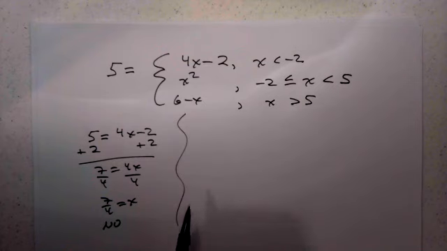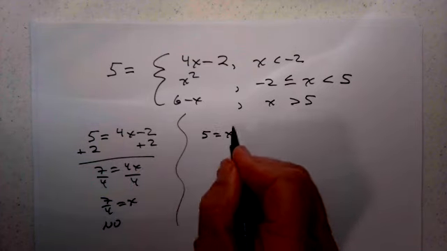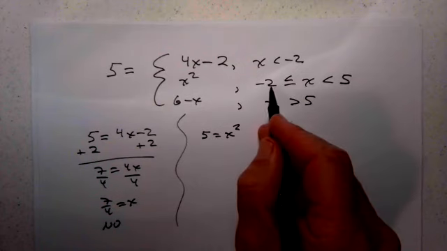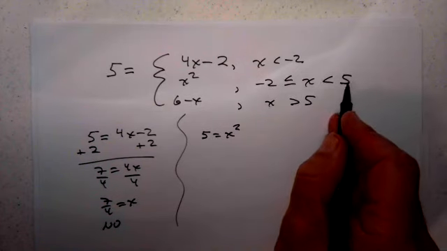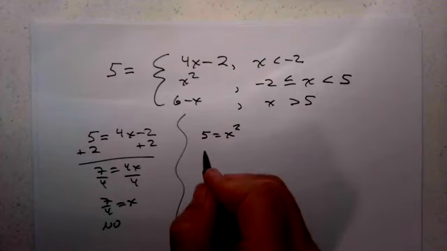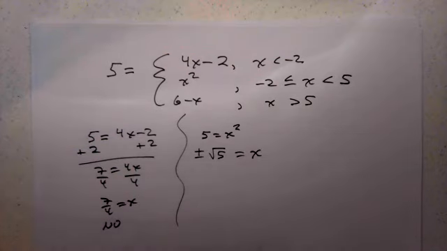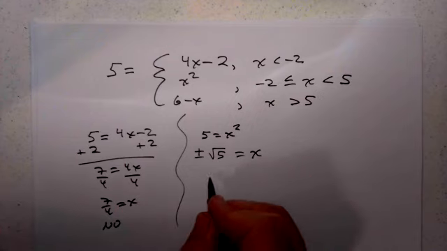How about my next one? I have 5 equals x squared. Now this is only true if x is more than or equal to -2 but less than 5. Well, if that's the case, what do I get? I get plus or minus the square root of 5 equals x. Now approximately, the square root of 5 is approximately 2.236.